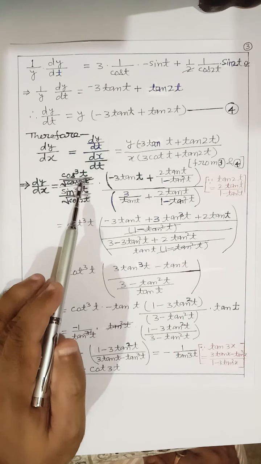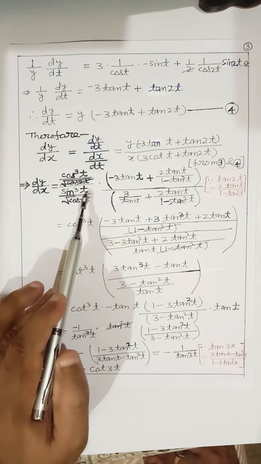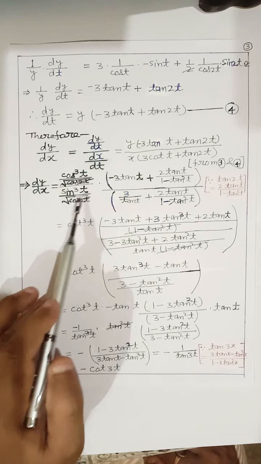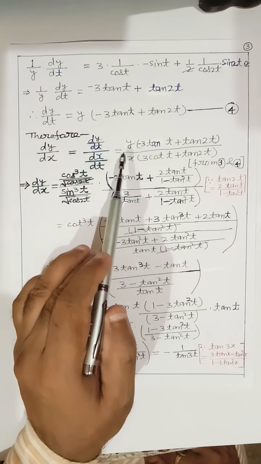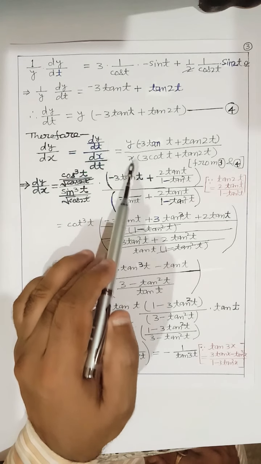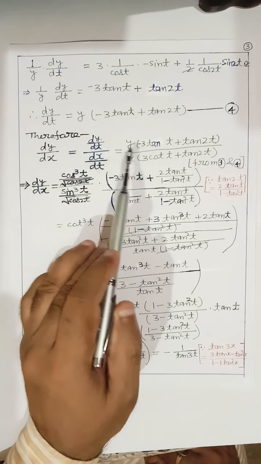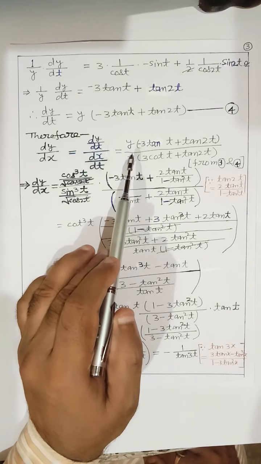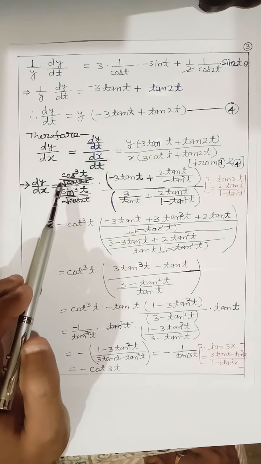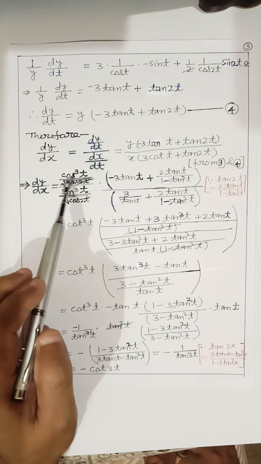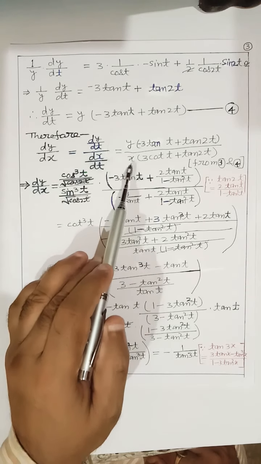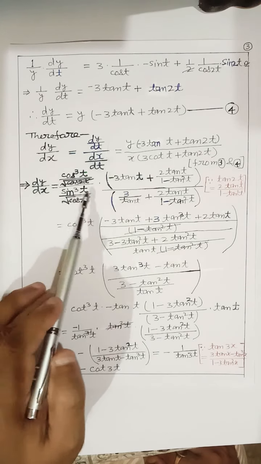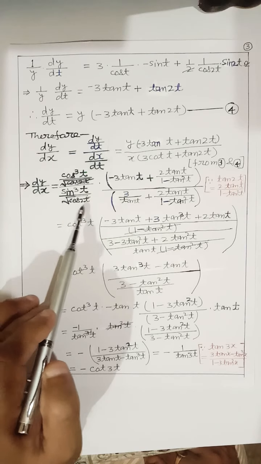Here we put the value of x by y. Already it is given in the question, y is equal to cos cube t by square root of cos 2t and x is equal to sin cube t by square root of cos 2t.